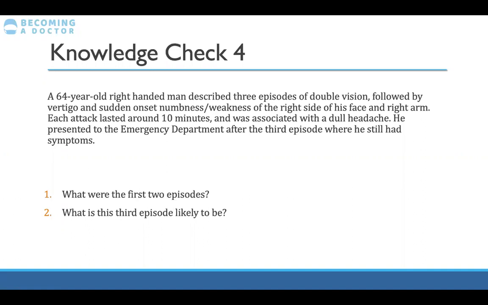Yeah. So he's had a few TIAs, but he's now presented to ED, and we don't know how long after the onset, so it could be a stroke. Our threshold needs to be quite low with how we approach this. It could be a TIA as well, completely right, but it could be a stroke because of the risk factors that he has. So this is where the history taking comes in.